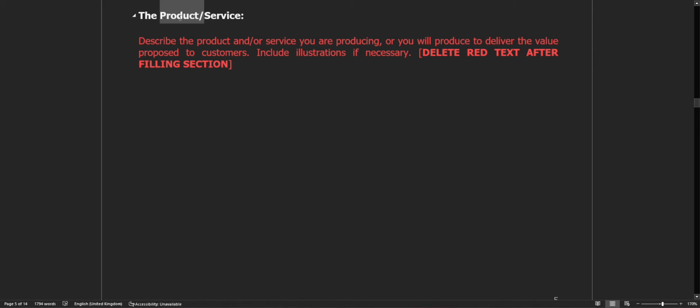But if you are a product offering business, you have the liberty to delete the service. There's nothing wrong in leaving it like this anyway. But yeah, you are telling the features of your product or your service.